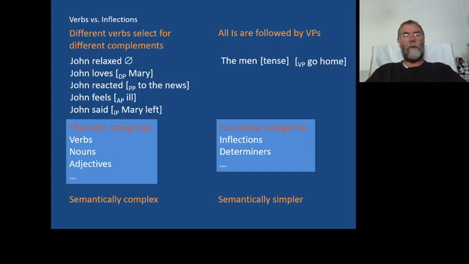Therefore, they only have one type of complement. So I think we can maintain then that the verb phrase is the complement of the inflection, even though the complements of functional categories do tend to be a lot more restricted than those of thematic categories.